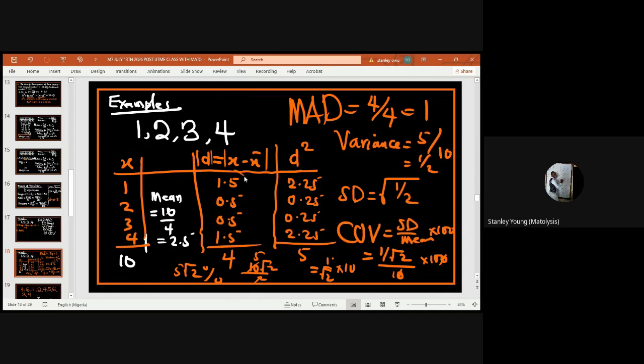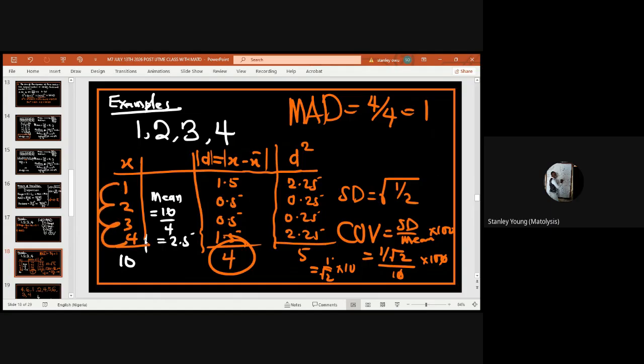That's why we quoted everything here as positive. When you sum that, that gives you 4. So that means our MAD is equal to 4 over 4, and that gave us 1. That's 4 divided by the fact that we have 4 numbers: 1, 2, 3, 4.